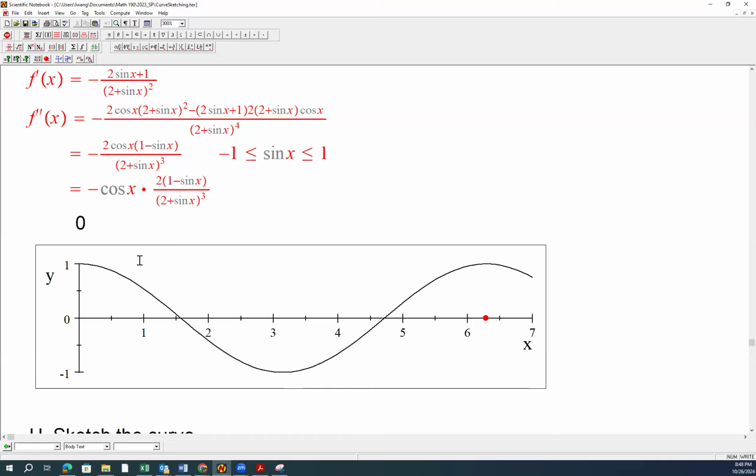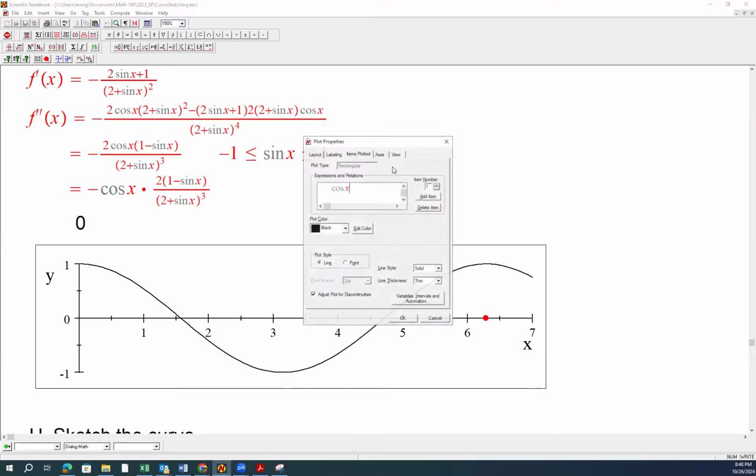From 0, this piece is pi over 2, pi over 2 comma 0, and another one, 3 pi over 2.